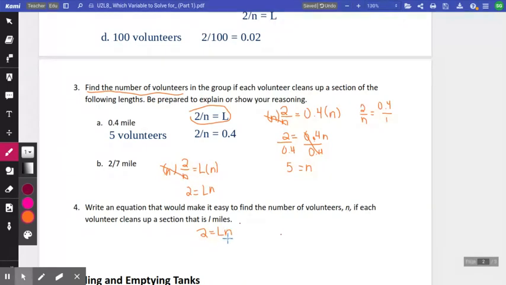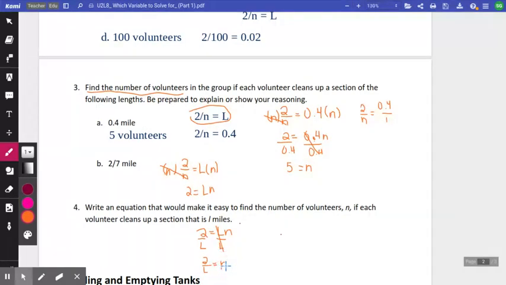So right now that n is multiplied by L. I want to change it around by doing the opposite and saying, let's divide by L. When I do that, we get 2 divided by L equals n.